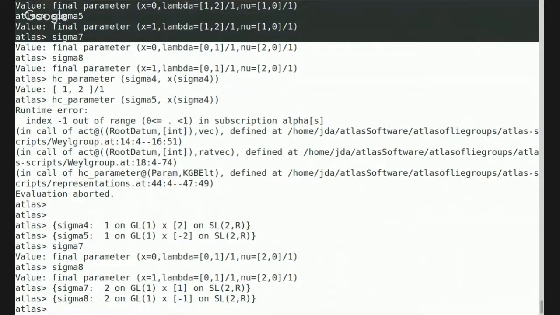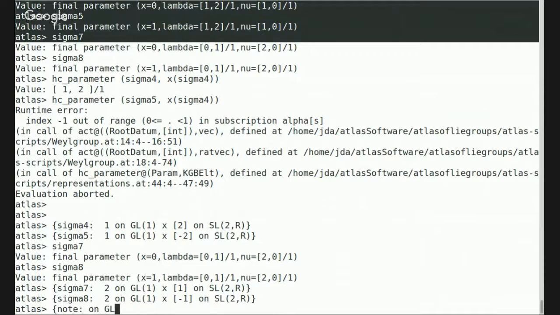Okay. Now, I'm going to plead ignorance here. When I say 1 on GL1 and 2 on GL1, the only thing I'm sure about is that that's nu. I have to think about whether it's trivial or sign on the Z2 factor. So maybe I'll just make a note of that.